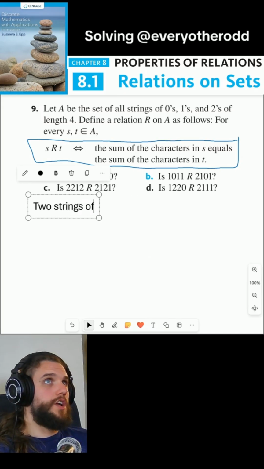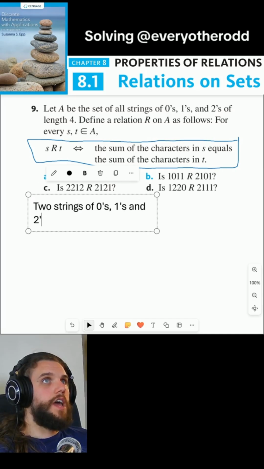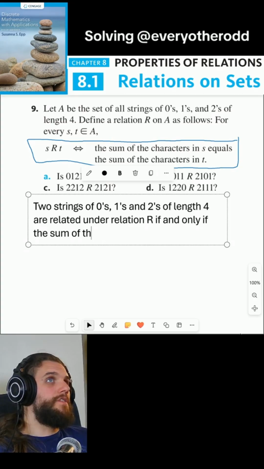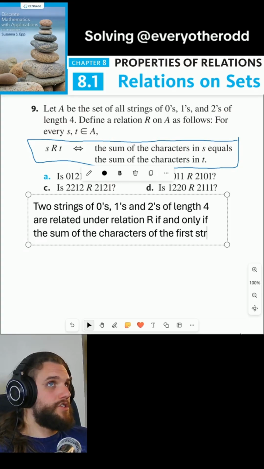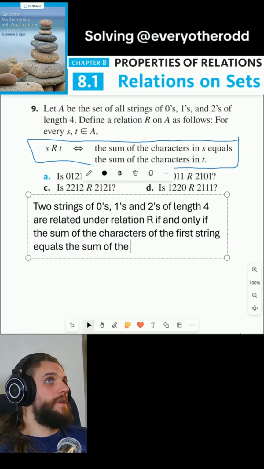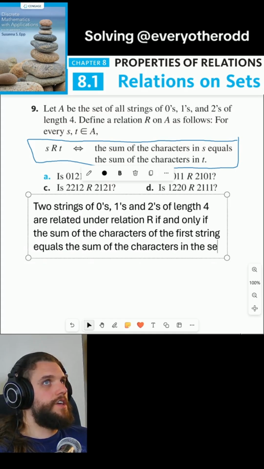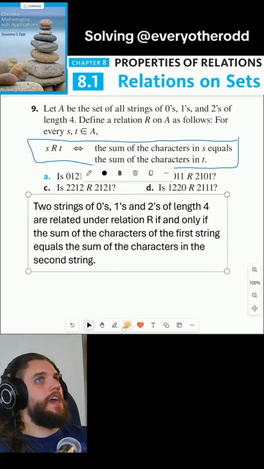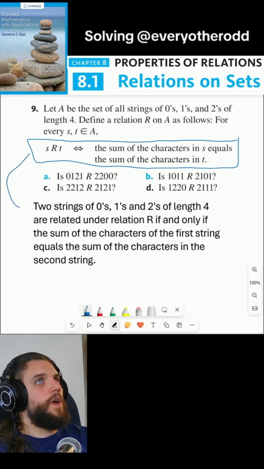Two strings of zeros, ones, and twos of length 4 are related under relation R if and only if the sum of the characters of the first string equals the sum of the characters in the second string. So that's what I read when I see this definition for the relation.